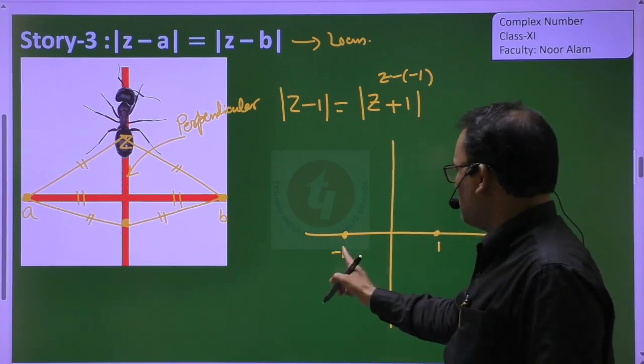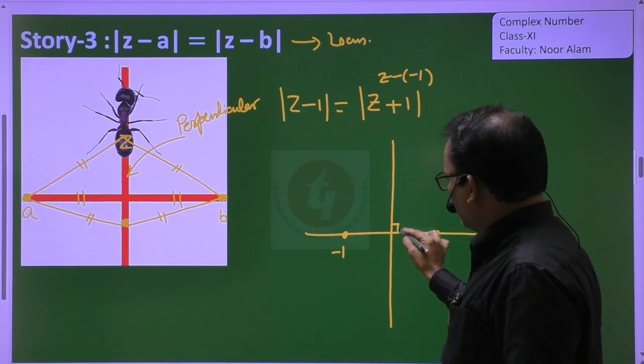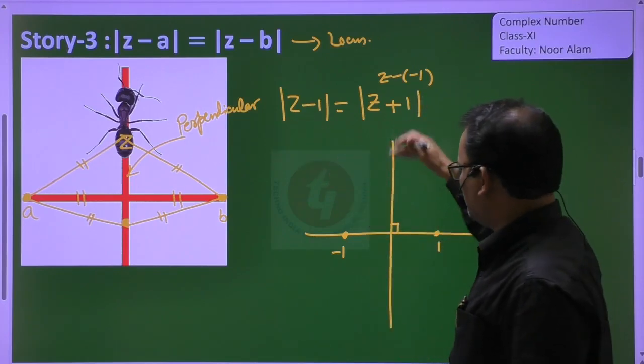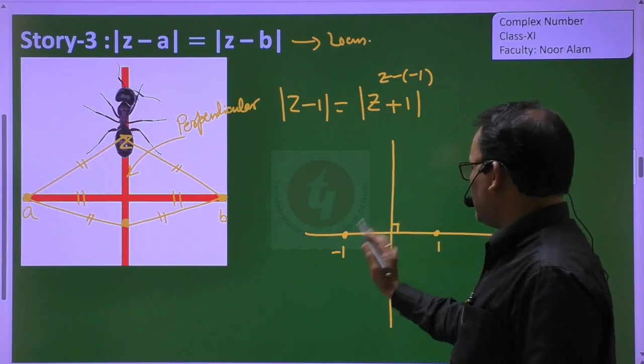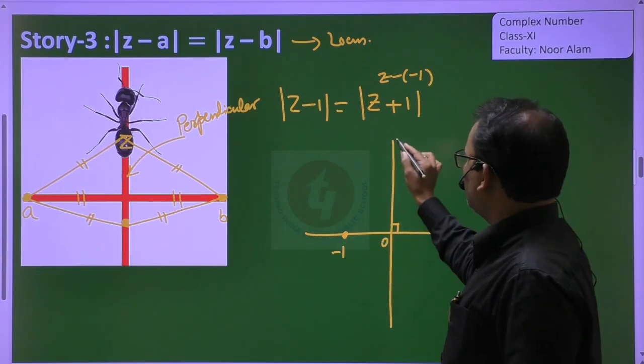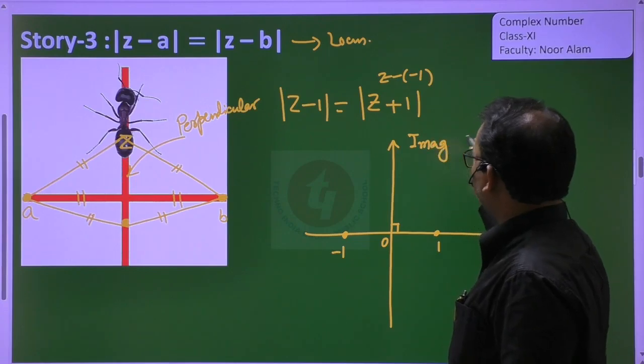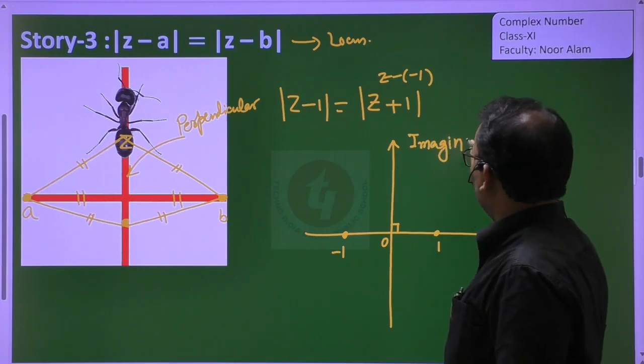Z lies here, that means between minus 1 and plus 1. This is the perpendicular bisector along which our ant is moving. So now it is plus 1, it is minus 1, so this is 0. That means it is the imaginary axis. So the locus of the ant is the imaginary axis.